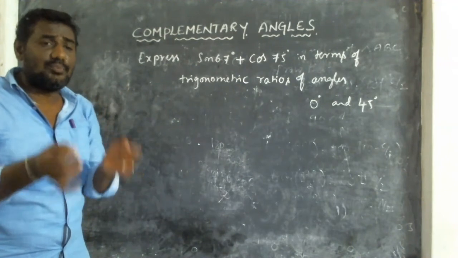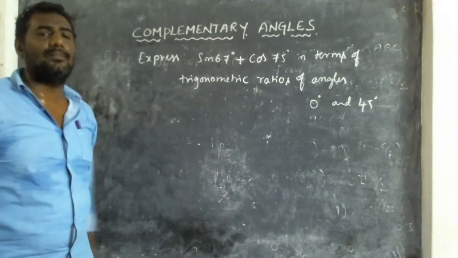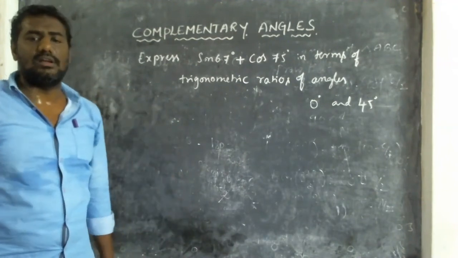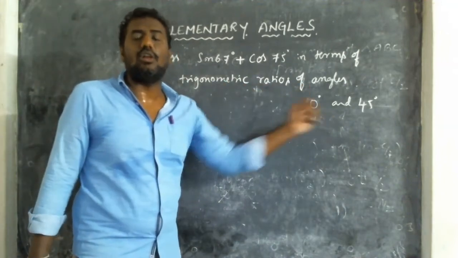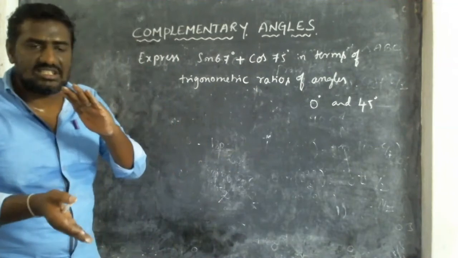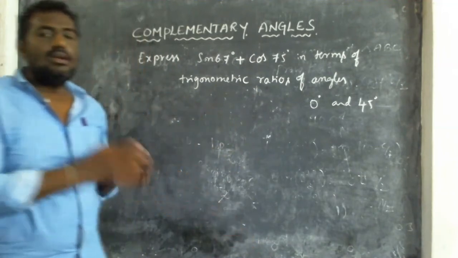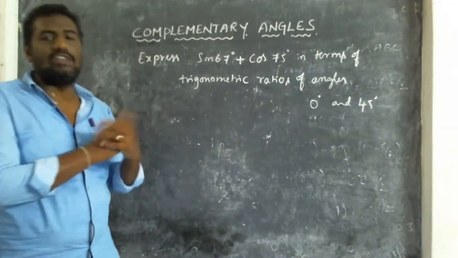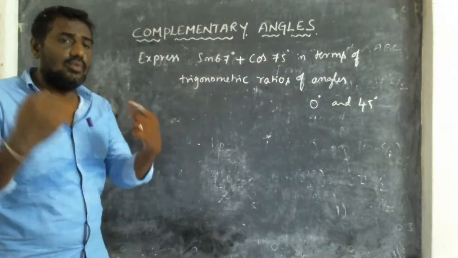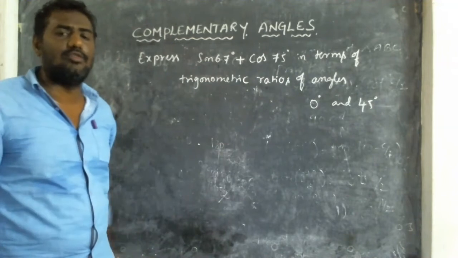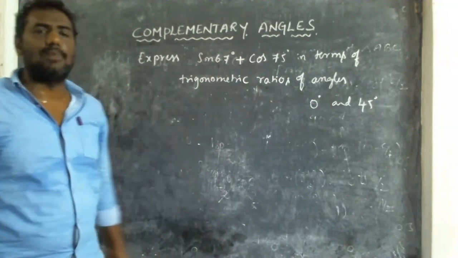You have to convert both the angles below 45. We have to convert our 67 degree below 45 and 75 degree also below 45. Since we have to convert both the angles, for both of them we have to apply our formula.